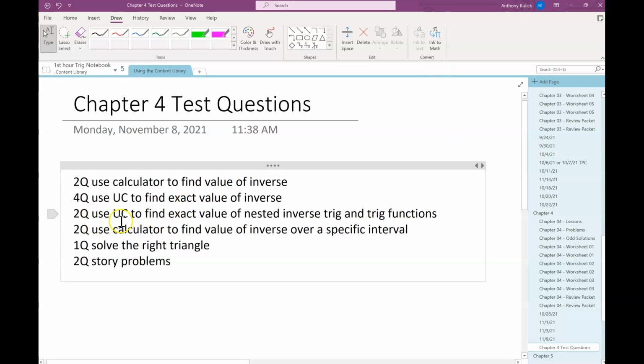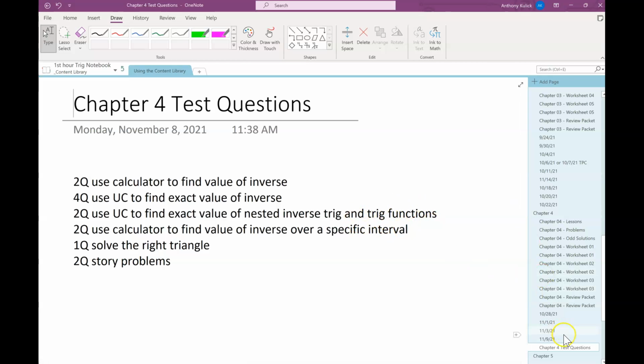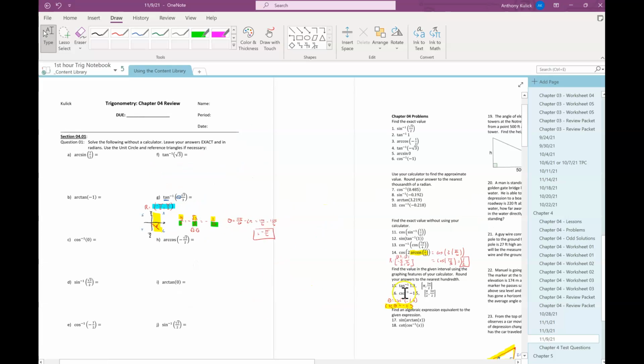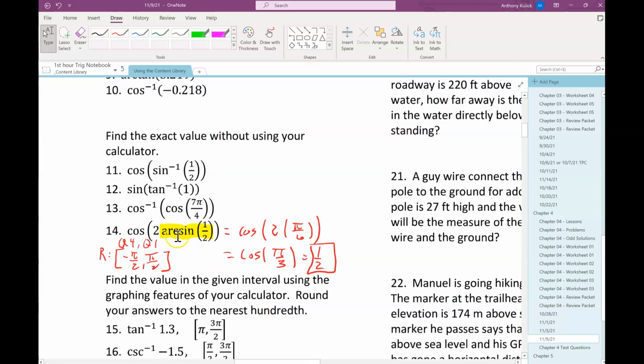2 questions where we ask you to use the unit circle to find the exact value of a nested inverse trig function and regular trig function. That's like the question Victoria asked, where we have an inverse and a regular trig function, one inside of the other. Kind of like what you did right here.